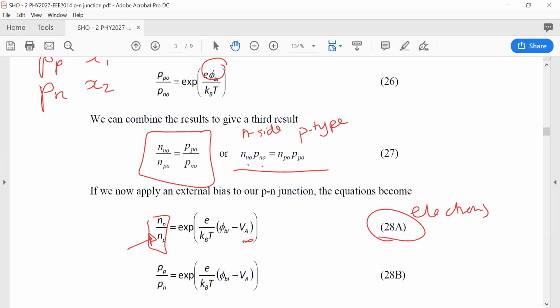So you are getting a higher number of minority carriers when you apply a positive bias. Okay, in forward bias. So forward bias increases the minority carrier concentration.